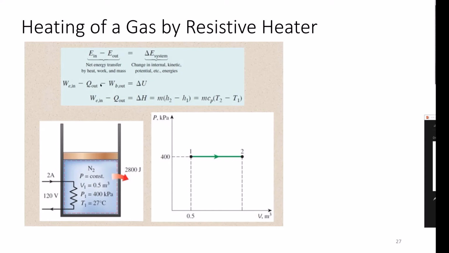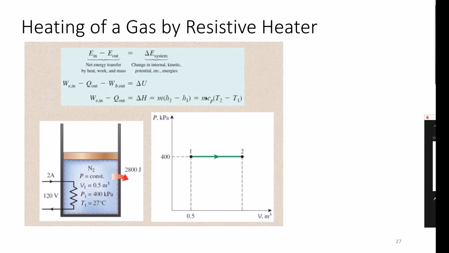And then if we just add the boundary work to the other side of the equation, now we have the change in enthalpy, which is just going to be the mass times the change in enthalpy per unit mass, since they're in lower case.